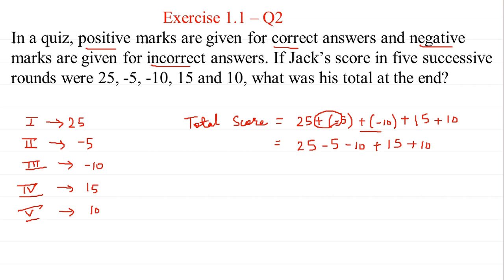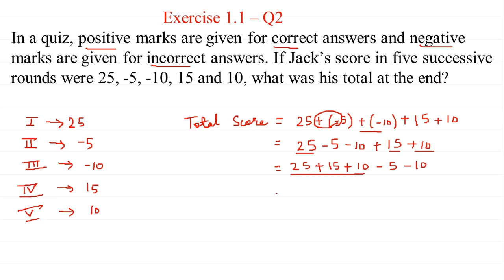You can do it in various ways, but the best approach is to write all the positive numbers together. 25 is positive, 15 is positive and 10 is positive. So we'll write these three positive numbers together and then the negative numbers, minus 5, minus 10.